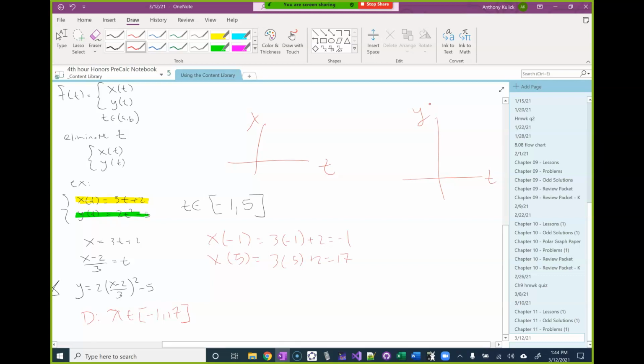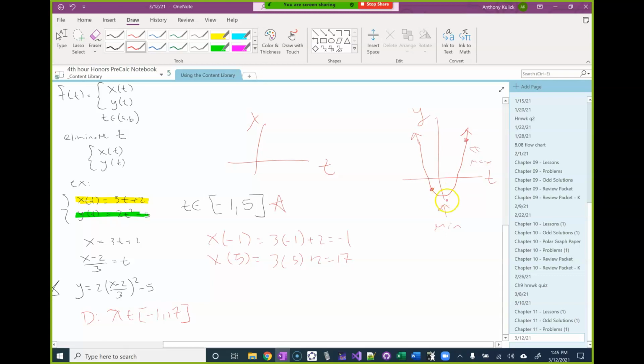Up, because the leading coefficient is positive. Everybody agree? Now, the interval that I'm looking at is from like -1 to +5. Everybody's okay with that idea? So my minimum value and my maximum value is there, right? Everybody agree with that?